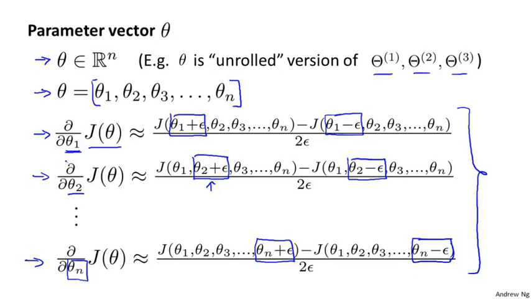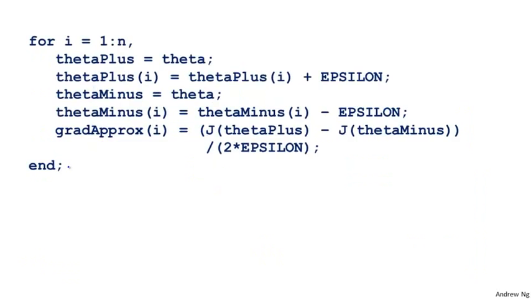Concretely, what you implement is the following. We implement the following in Octave to numerically compute the derivatives. We say for i equals 1 through n, where n is the dimension of our parameter vector theta, and I usually do this with the unrolled version of the parameters. So theta is just a long list of all of my parameters in my neural network, say. I'm going to set theta plus equals theta, then increase the ith element of theta plus by epsilon.